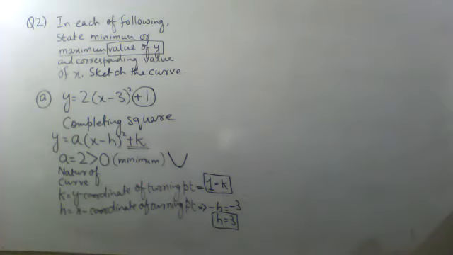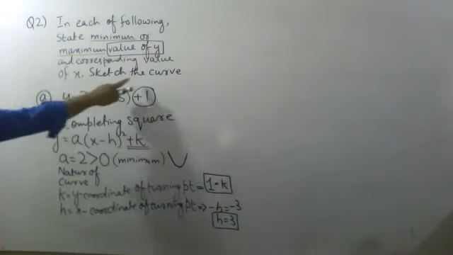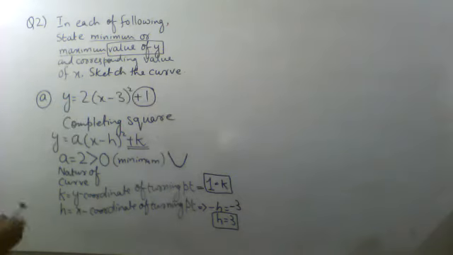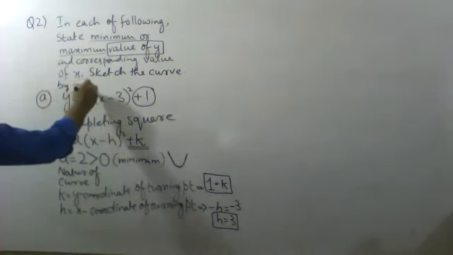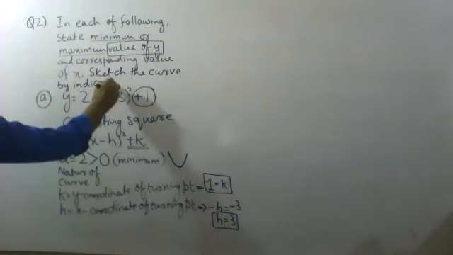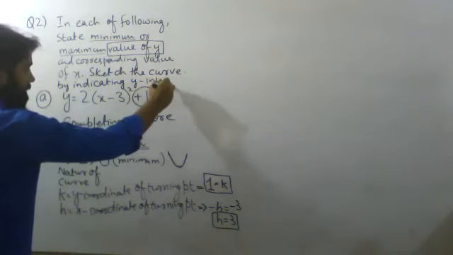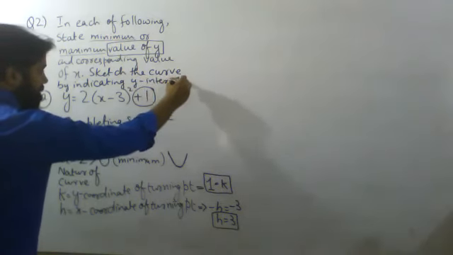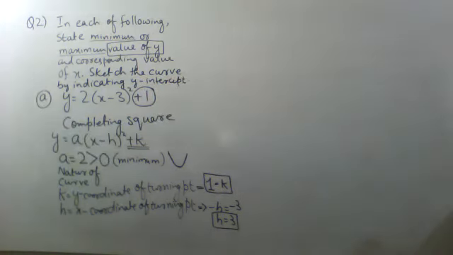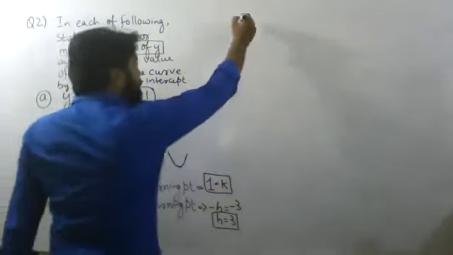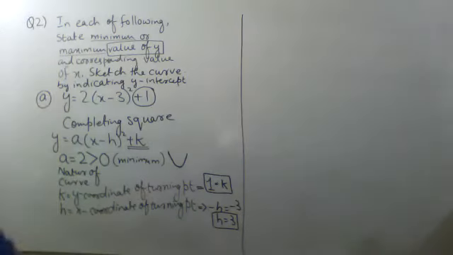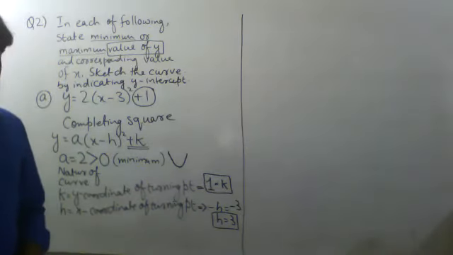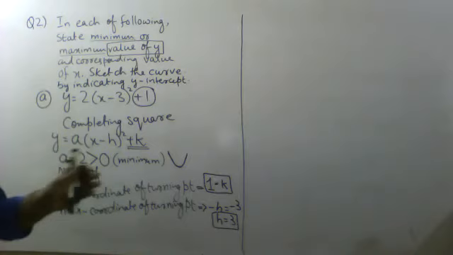Now what they are saying next is sketch the curve by indicating the y intercept. Okay, now what do you mean by y intercept? First of all, I'm going to explain that, and then I'm going to draw the curve so everything will be clear in front of you.